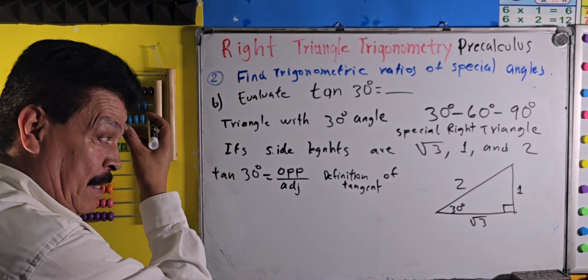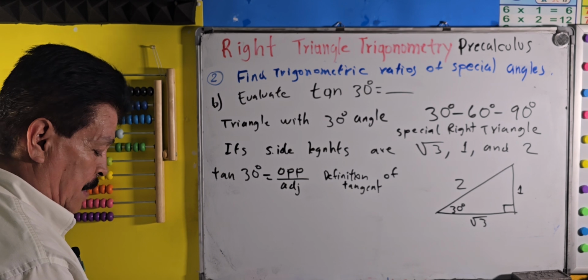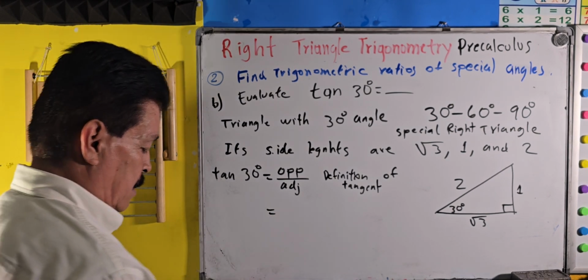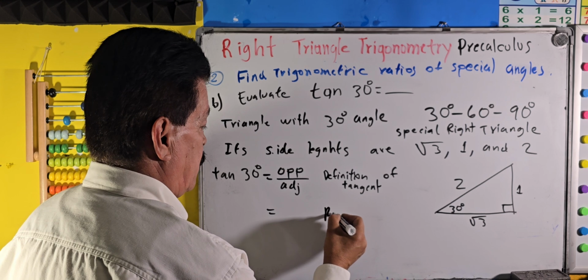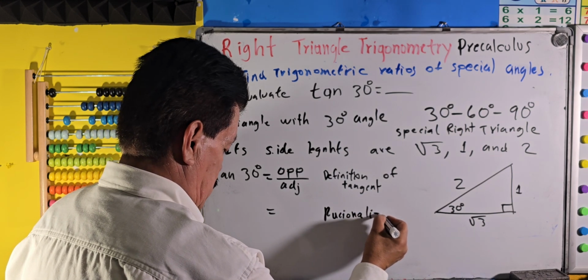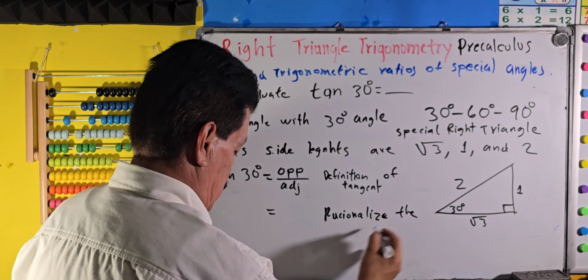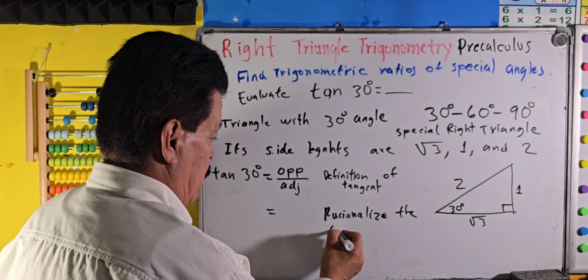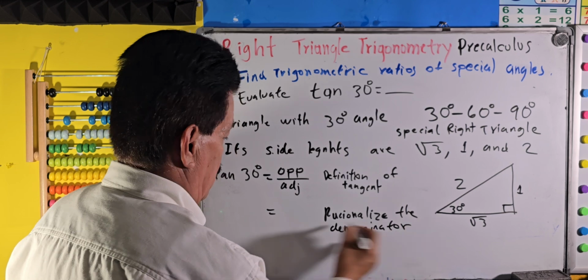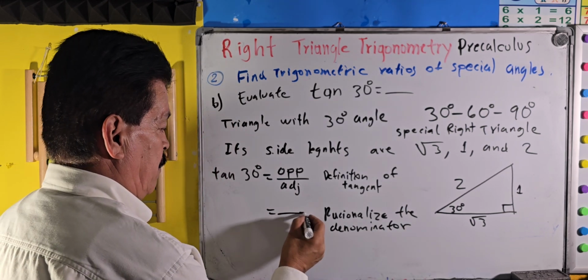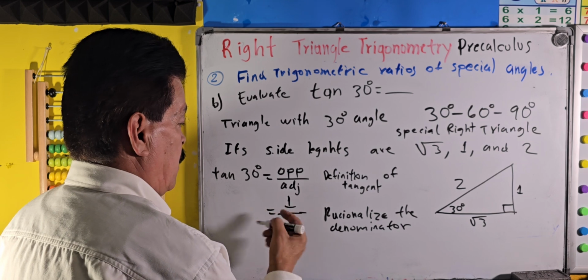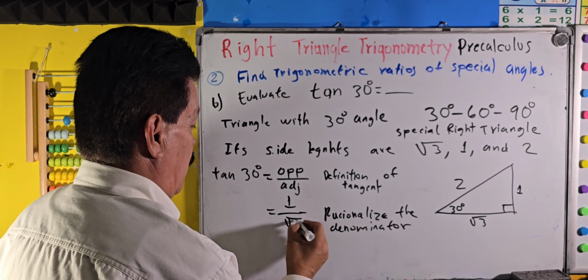So here we have to rationalize. It's very simple. Here we have 1 over adjacent, which is square root of 3.